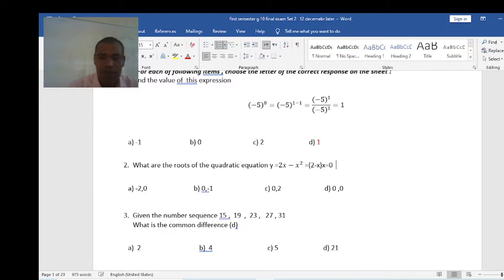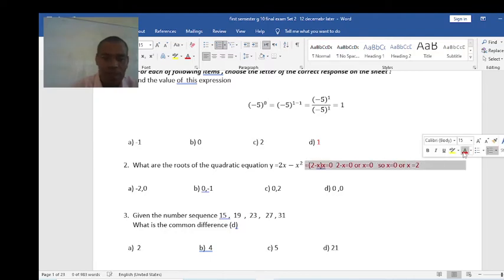Means that 2 minus x is equal to 0, or x equals 0, okay? Then it's clear that 2 minus x equals 0 means that x equals 2. So therefore, x is 0 and or x is equal to 2. This is, my learners, the correct answer, okay?